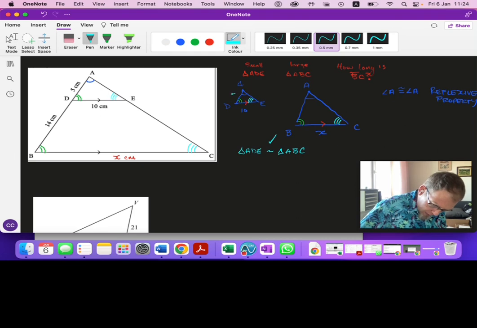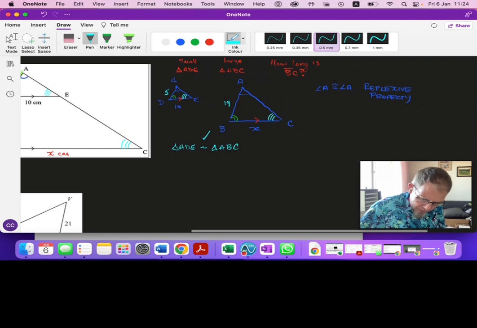I'm just going to fill in a few more of our values. We know that this is 5. We also know that the length from A all the way to B is 19. It's 14 plus 5, which is 19.